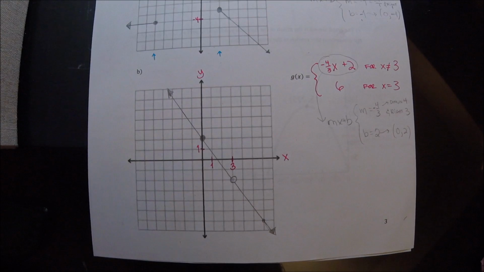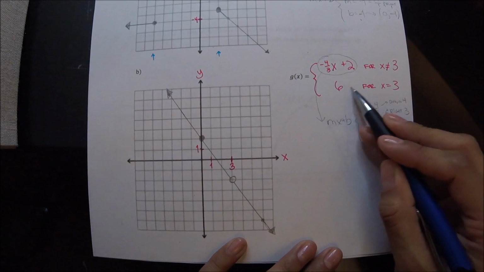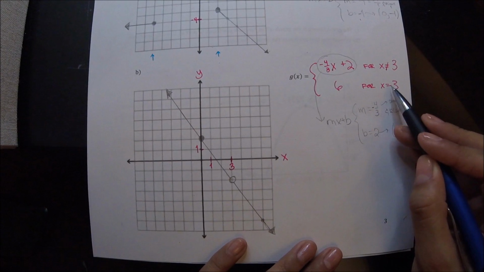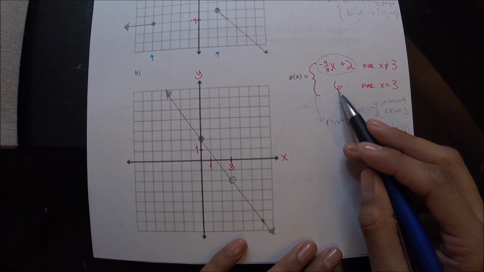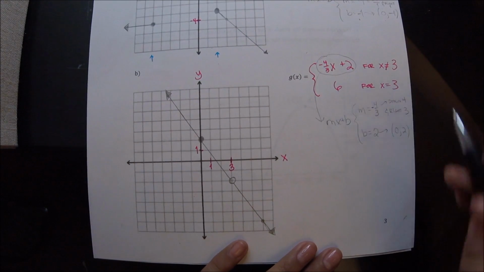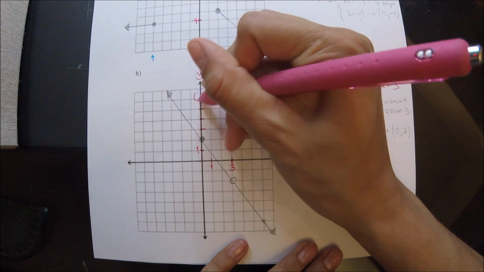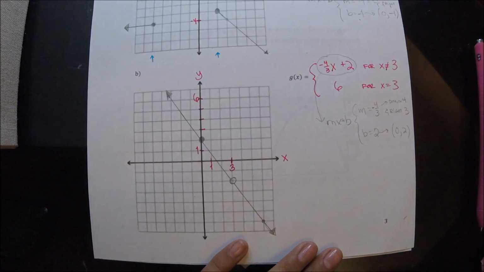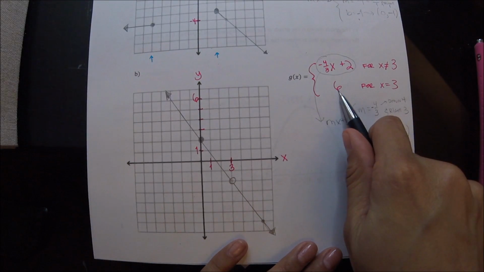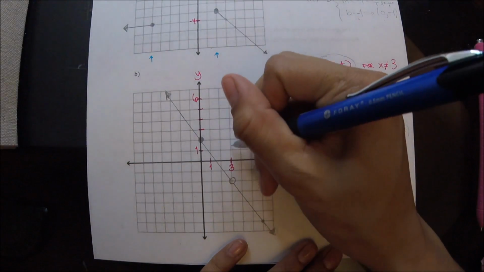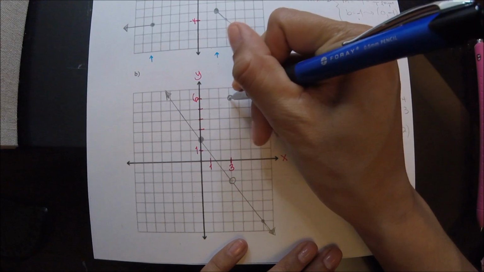Well, what do we want to happen when x is 3? That's what this second part is saying. When x equals 3, we just want to plot the number 6. Well, where is the y value of 6? That's up here. So when x is 3, they want the output to be 6. So we'll draw a closed circle there.